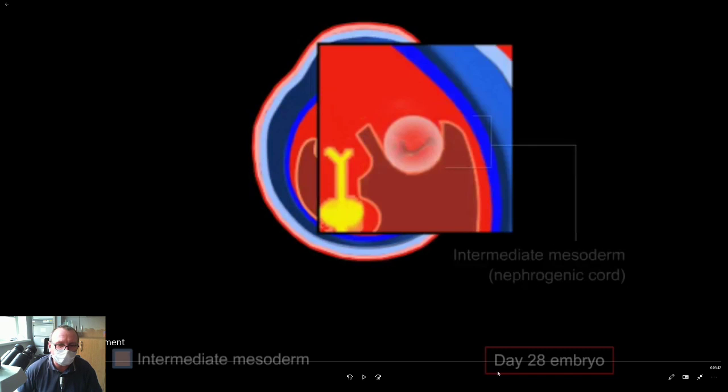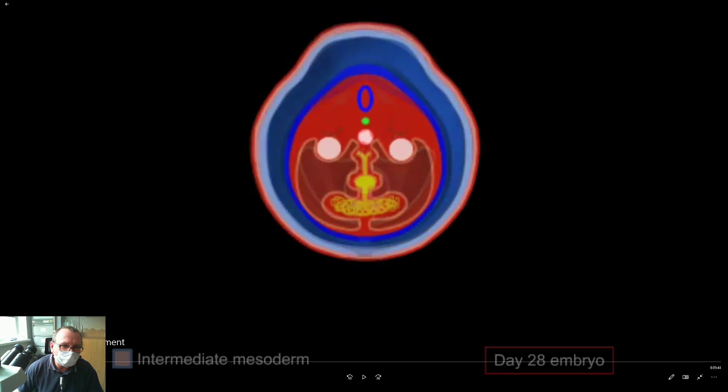When I finish this sequence, we will see how this intermediate mesoderm is forming something called the nephrogenic cord. We are at the end of the 4th week, and nephrogenic cords have developed from the intermediate mesoderm on both sides of the abdominal and thoracic intraembryonic cavity, the intraembryonic coelom. Here is the gut, and here is also the liver developing at this section.